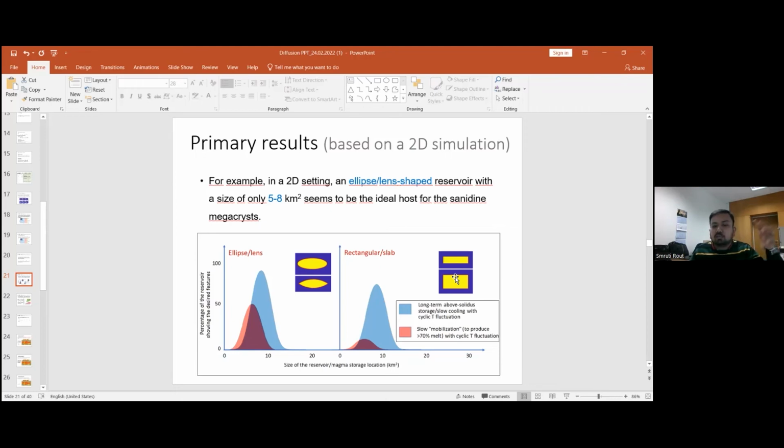In the case of a slab or a rectangle, we see that, but then that can be dominated by something else, like for example, fast cooling or an increase in temperature. But what we want to see, which would be an exact match with the petrological implications, is that we see more in the case of a lens or an ellipse.